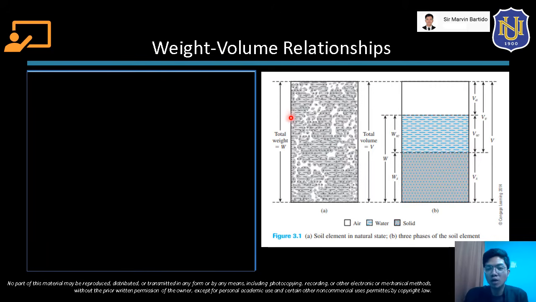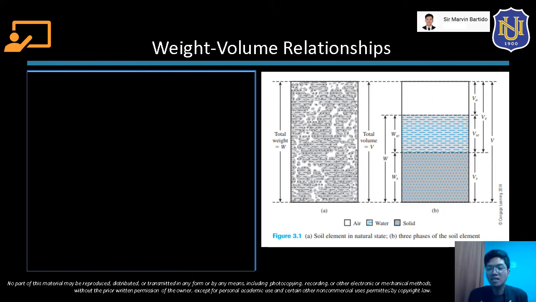If we are going to break down the composition of this soil element, we will see that it is composed of solid particles and voids, wherein the voids are composed of water and then air. So the breakdown of the soil element is solid particles, water, and then air.